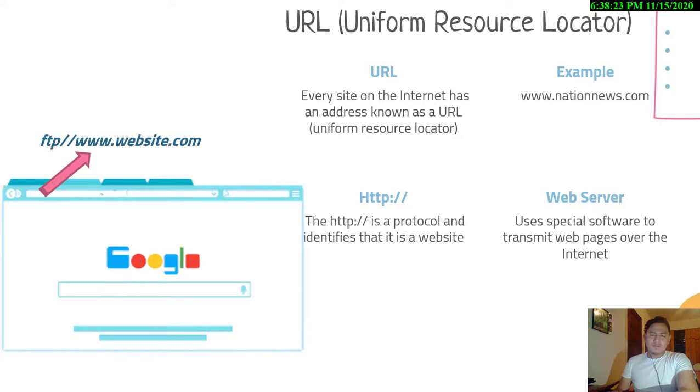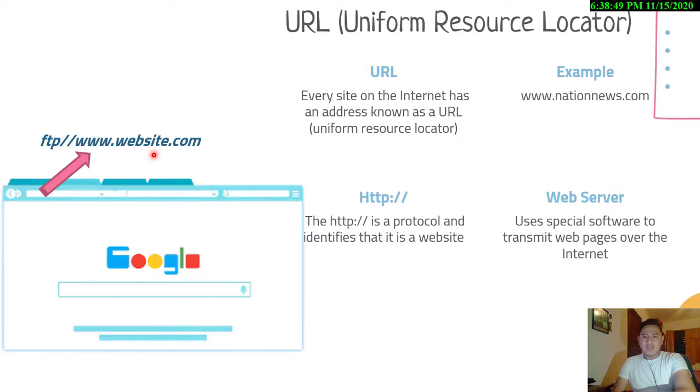Now, what does it mean to use the word web server? The web server is next to the URL. So the web server will be this, www.com. The web server uses special software to transmit web pages over the internet.